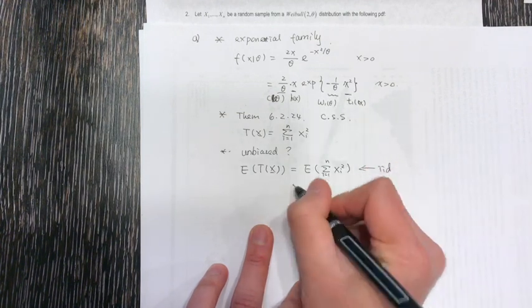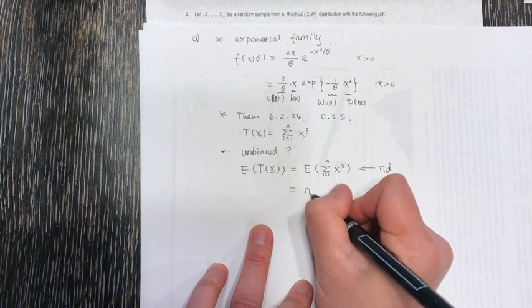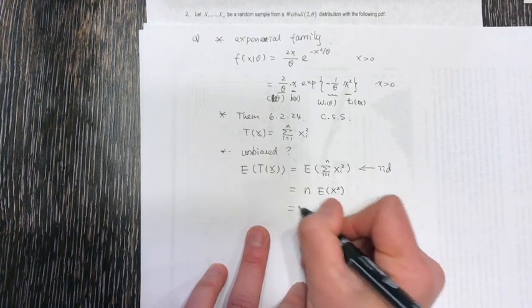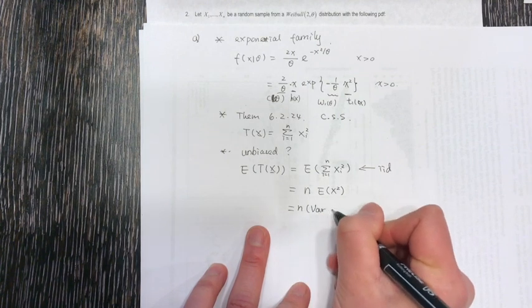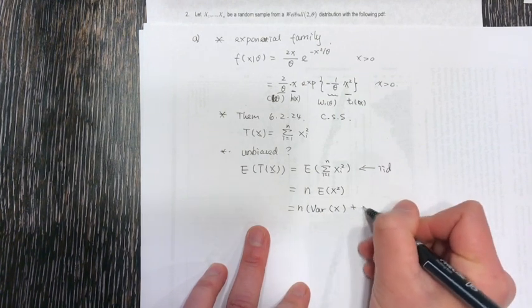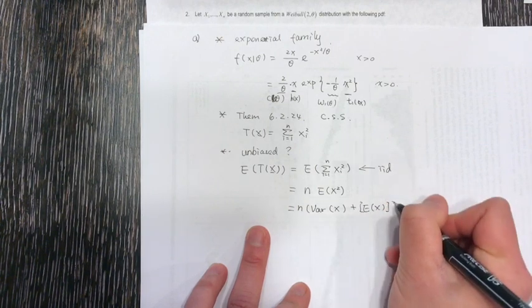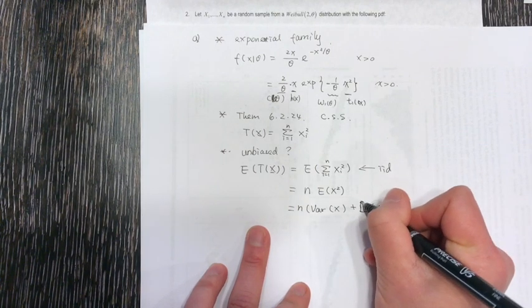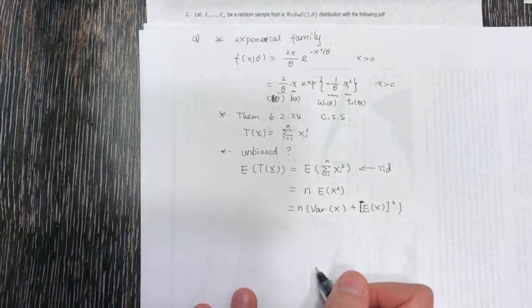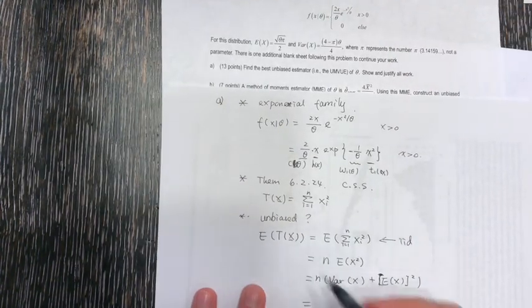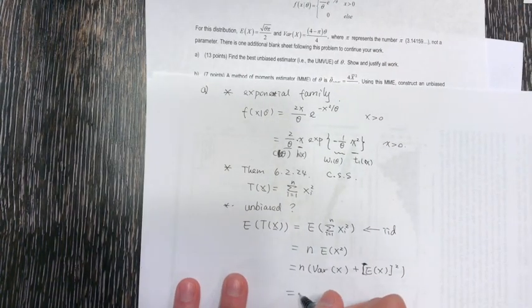Because of the IID, we get n times the expectation of X squared, and the same as before, that's equal to the variance of X plus the square of the expectation of X. And we get the value in from the context.